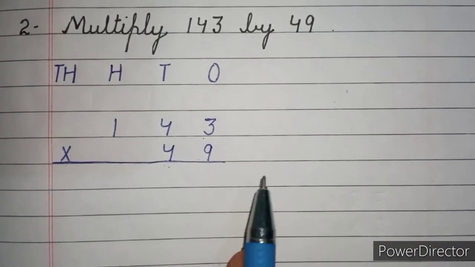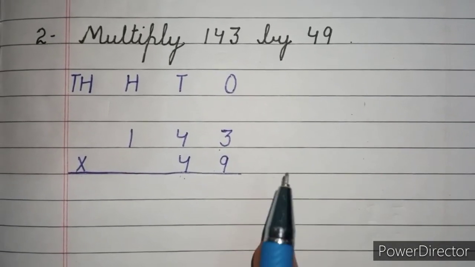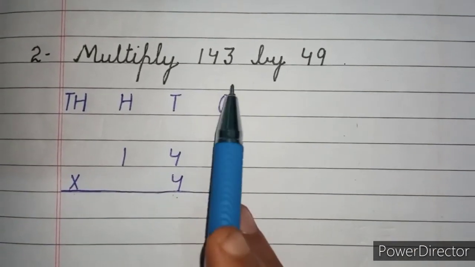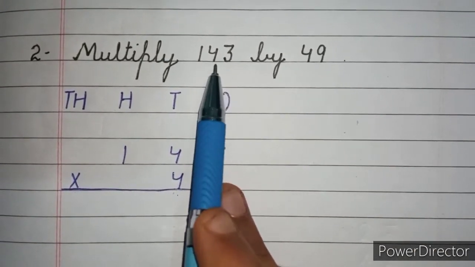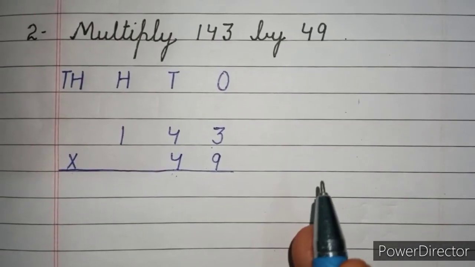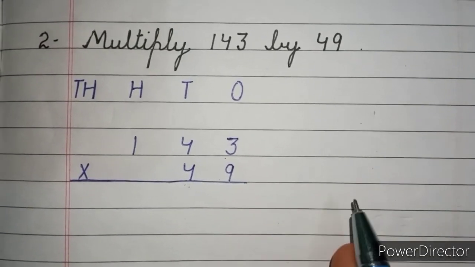Children, you have already learnt the multiplication of two-digit numbers by two-digit numbers. Now we will learn to multiply three-digit numbers by two-digit numbers. How to do these questions? This question has to be done in the same way.